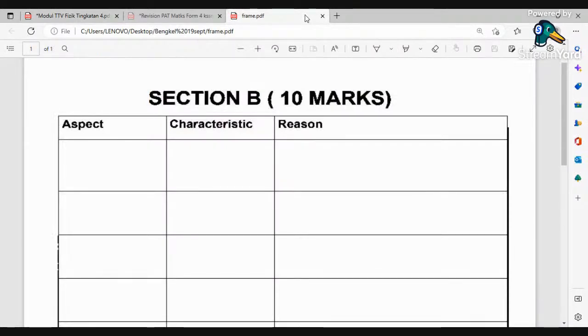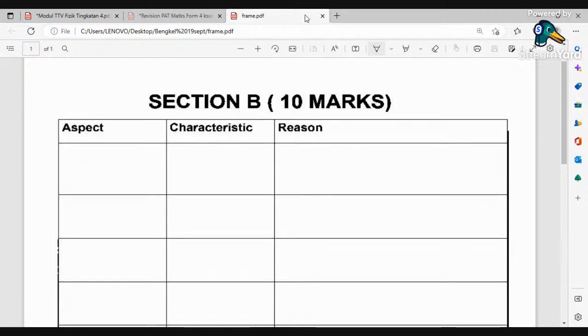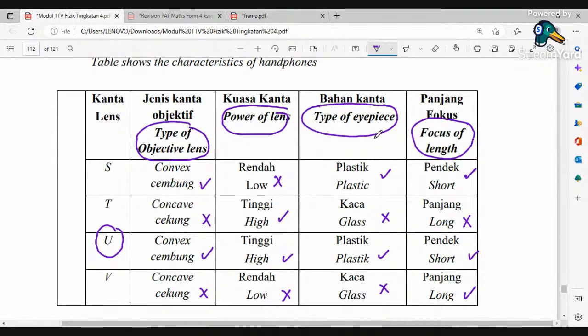Okay, aspect yang pertama. Write down the aspect dulu. Okay, type of lens. Kita ada second point tadi apa? Power. Power eyepiece dengan focus length.